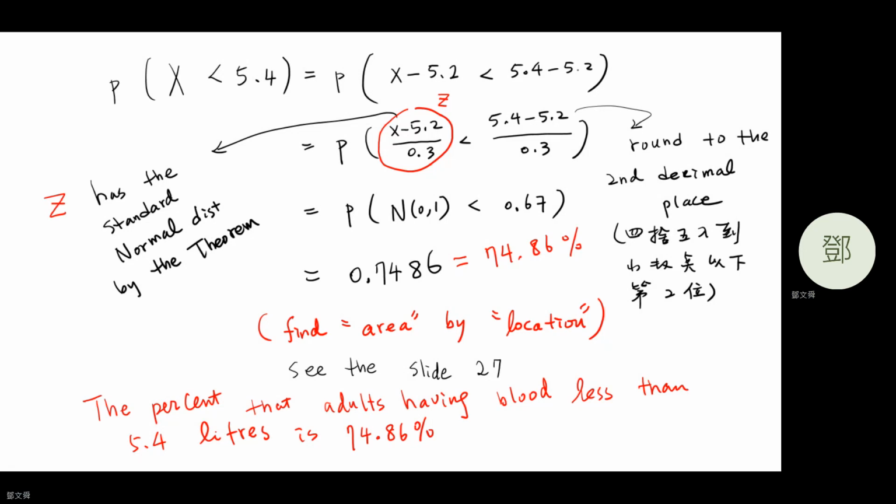Why do I use "the", not "a"? Because there is only one standard normal distribution in statistics. No second one. So I use "the" here. It is illegal to use "a".